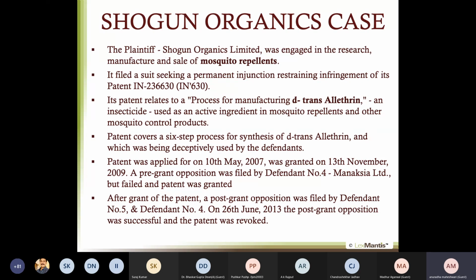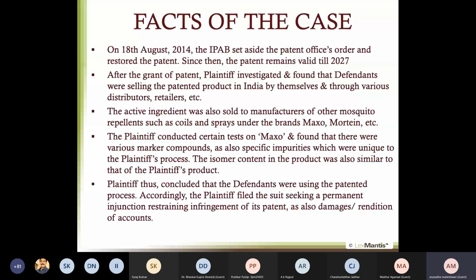After the patent was granted, again, Manaxia, along with somebody else, filed a post-grant opposition saying that this particular patented method is prior art, and that they themselves had been manufacturing this allethrin using this method right from 2007. They made all kinds of allegations.